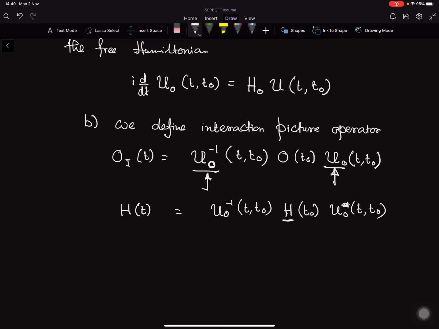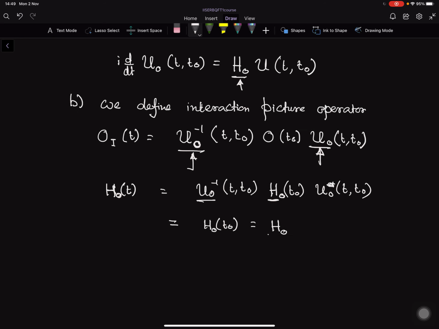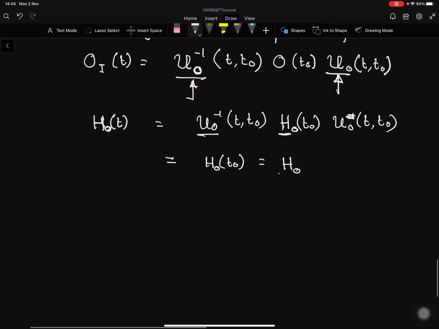But H commutes with u0, so this thing just becomes H, and then we also assumed H doesn't have any intrinsic time dependence. I'm sorry, so this is H0. So then basically that means that the free Hamiltonian in the interaction picture does not at all evolve in time.